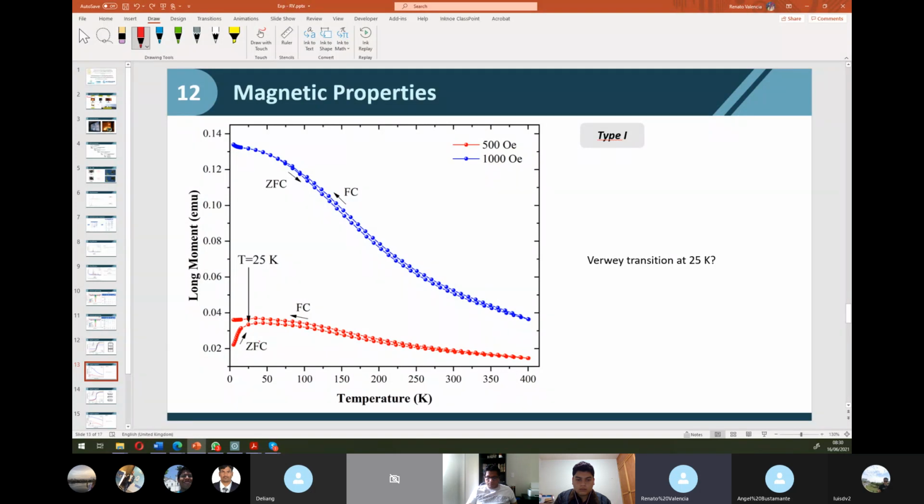In the zero field cooling curve at 1500 Oersted, a transition at about 25 Kelvin is observed that could be due to the contribution of all the phases in the sample to the long moment, or it could be a Verwey transition that has shifted to a lower temperature due to the small particle size. This is for sample type 1.